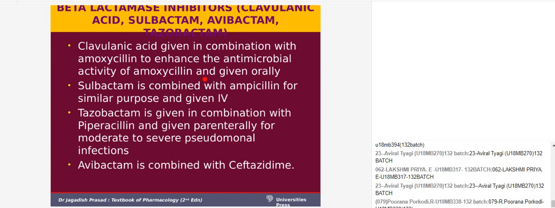Hence, this is called a suicidal inhibitor. A commonly asked question: an example of a suicidal inhibitor is clavulanic acid. Why is it called a suicidal inhibitor? Mainly because after binding to the enzyme, clavulanic acid itself gets inactivated.